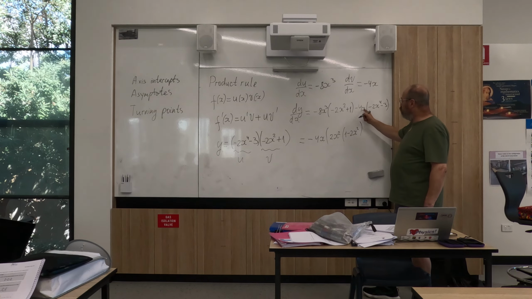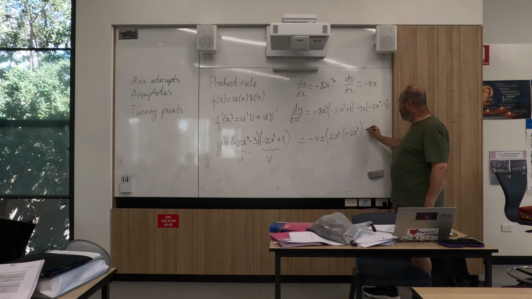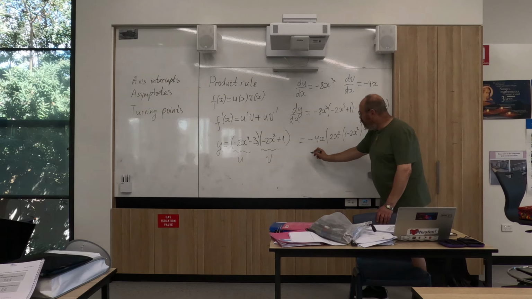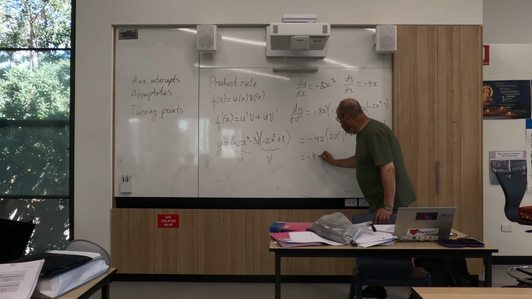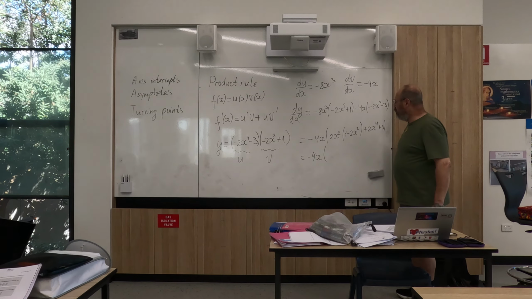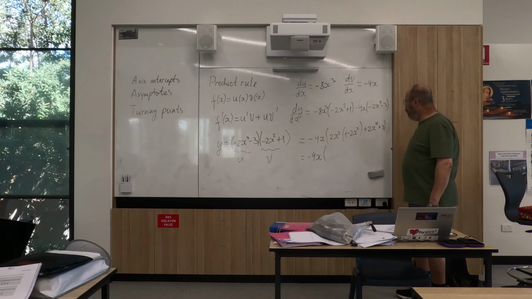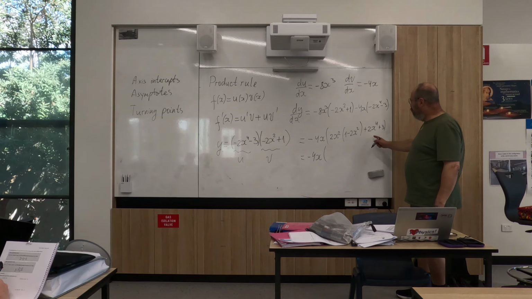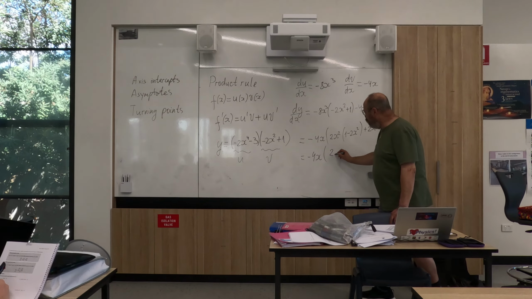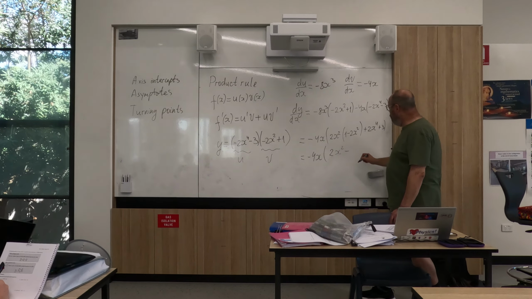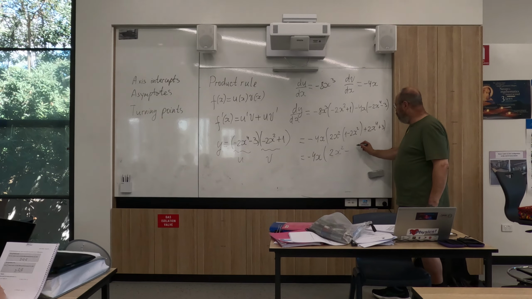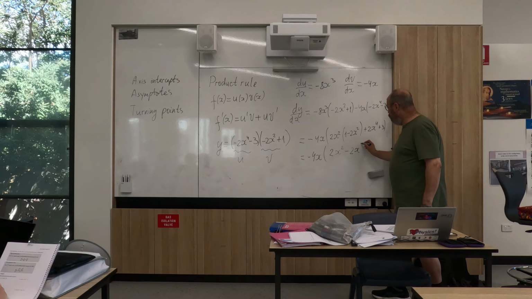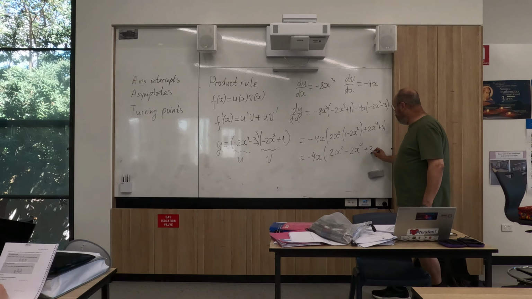Here we have minus, this is gone, so minus minus is plus, plus 2x to the power of 4 plus 3, and negative 4x. We have 2x squared minus 4x to the power of 4 plus 2x, so we have 2x squared minus 2x to the power of 4 plus 3.